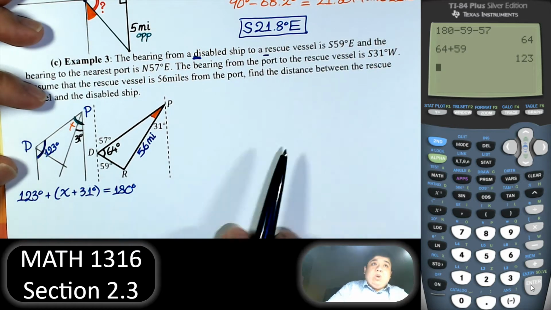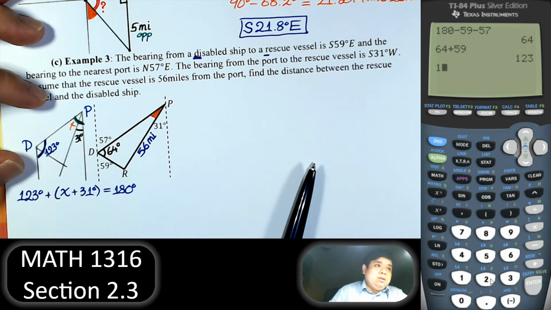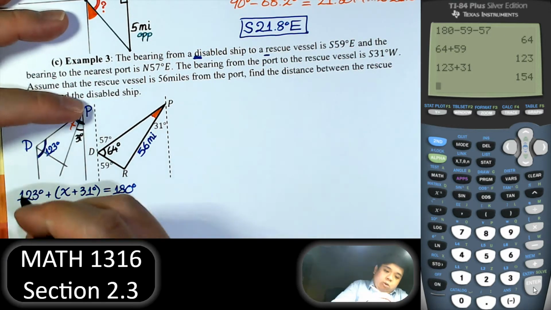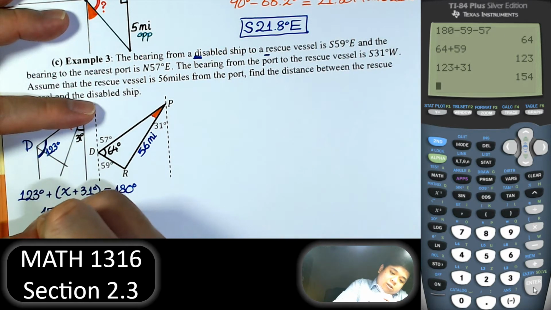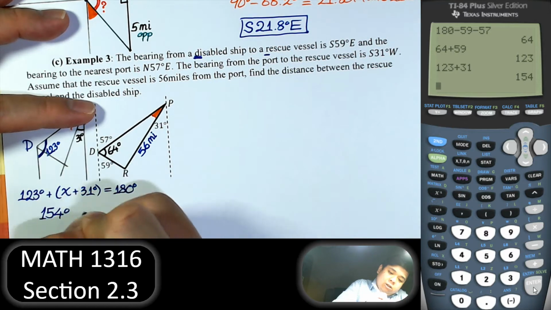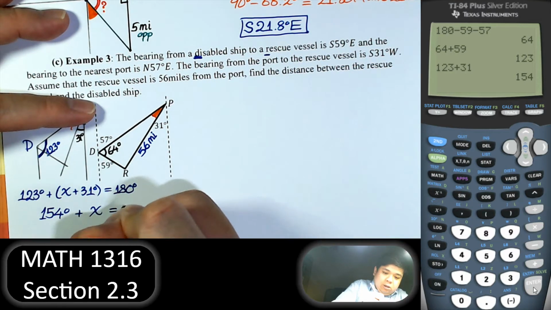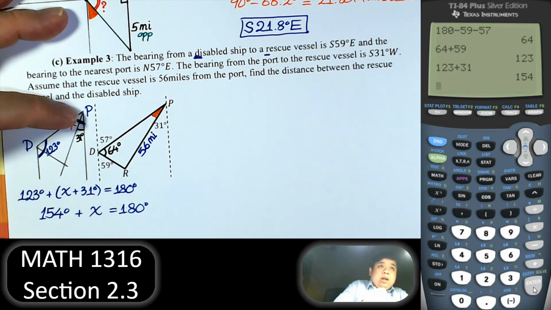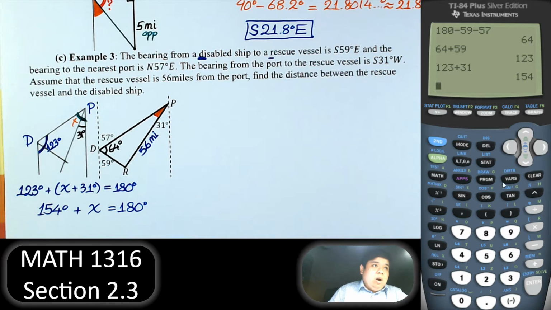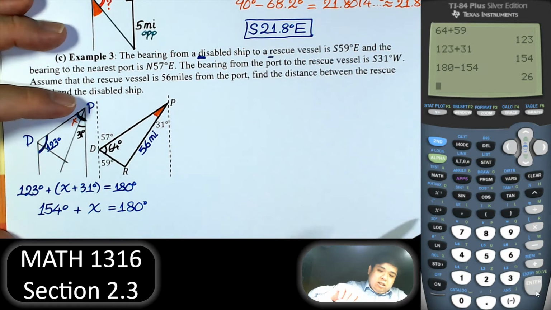So 123 plus 31 is 154 degrees. So x is equal to 180 minus 154, which is 26 degrees.